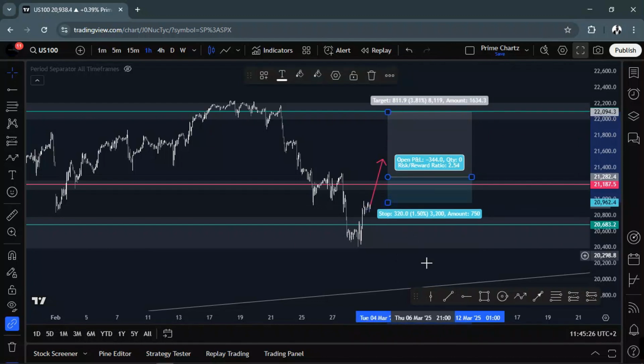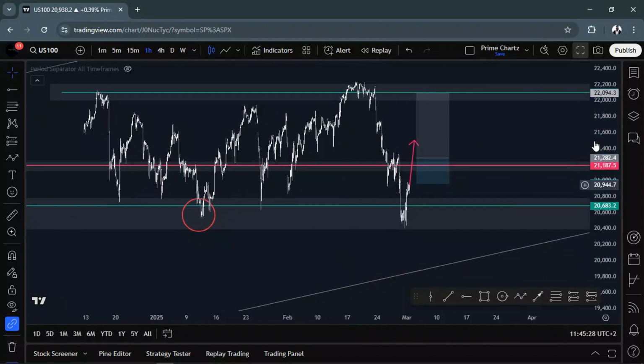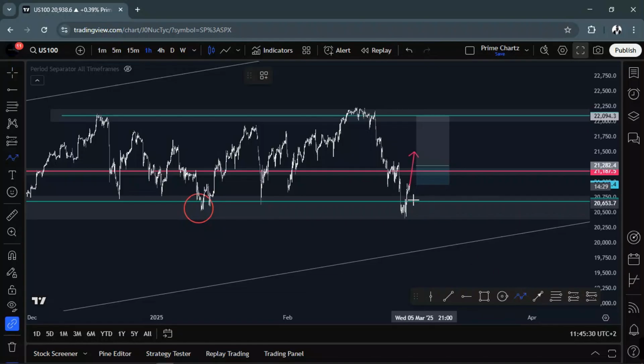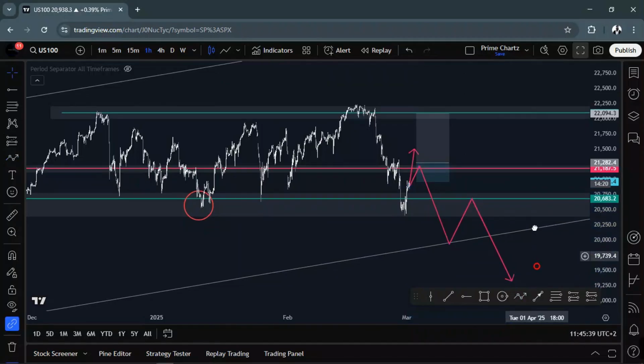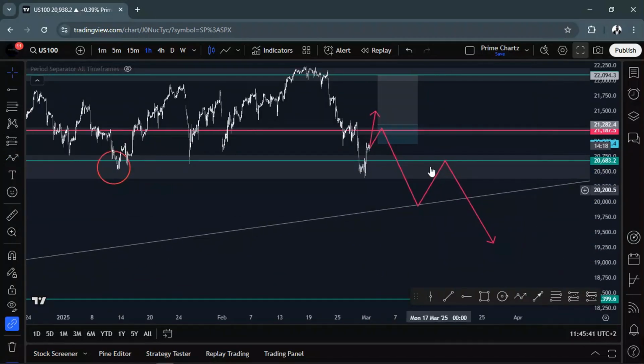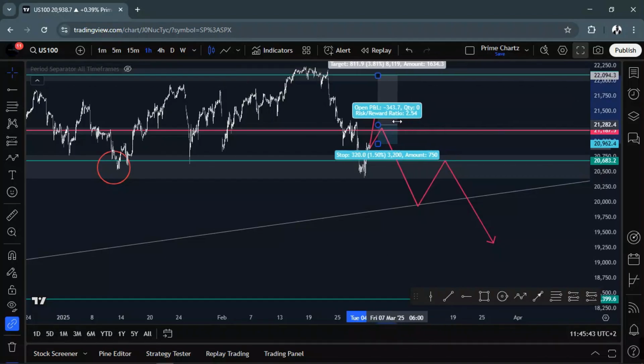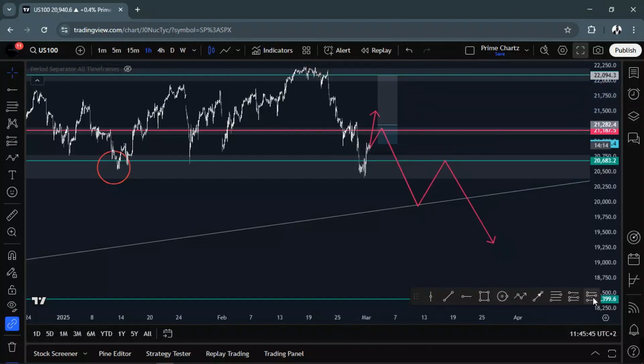But again, like I said before, price might reject from here and then continue pushing to the downside.